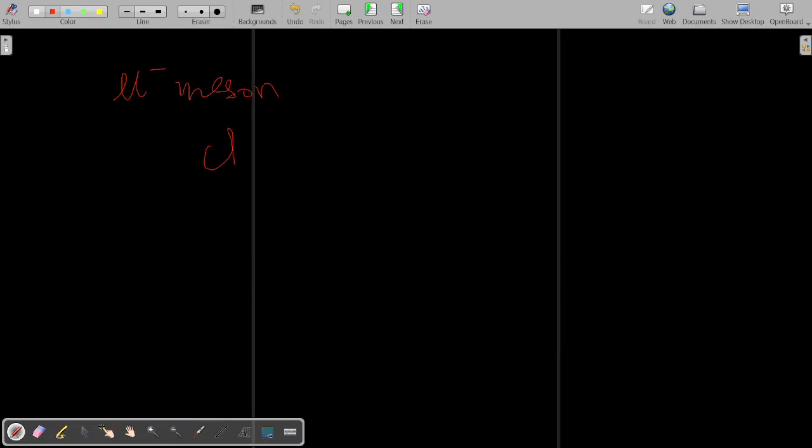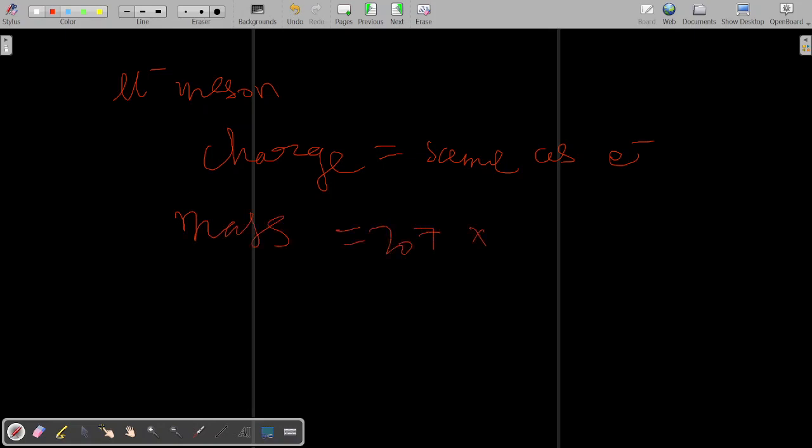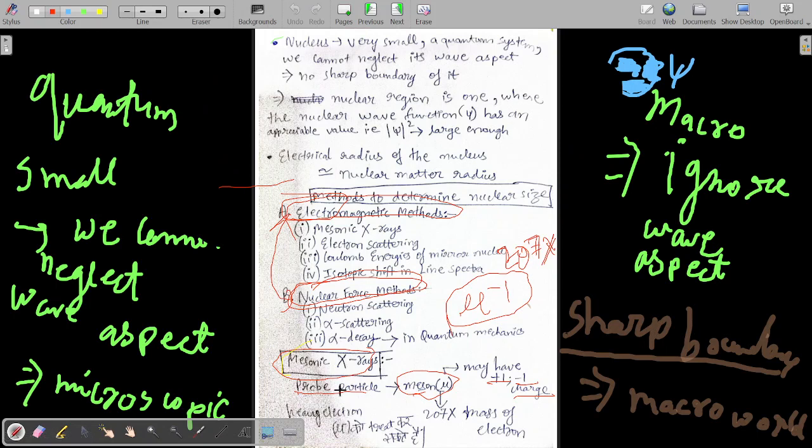It has the same charge as the electron and a mass 207 times the electron. So that is what is meant by mu minus meson. It can be called a heavy electron. Over here it is written that the mu minus particle can be treated as a heavy electron.